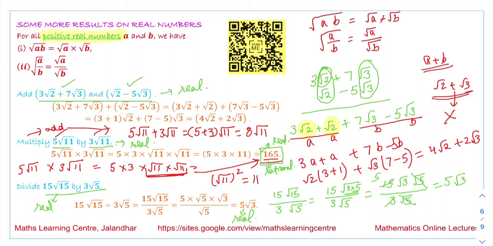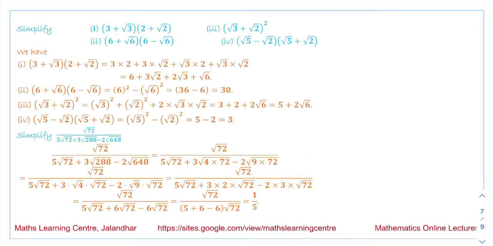Now in the next question, we have to simplify these expressions. The first expression we have is square root 3 plus square root 3 and 2 plus square root 2, and we have to multiply these two terms. We are going to multiply 3 with 2, and then multiply 3 with square root 2.